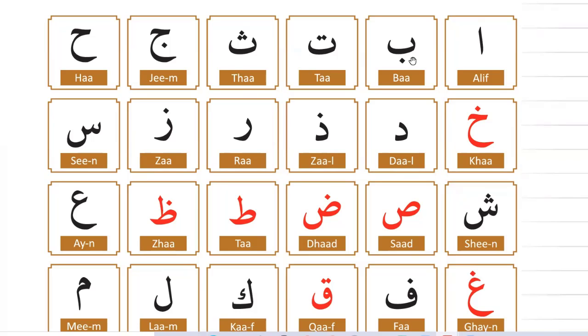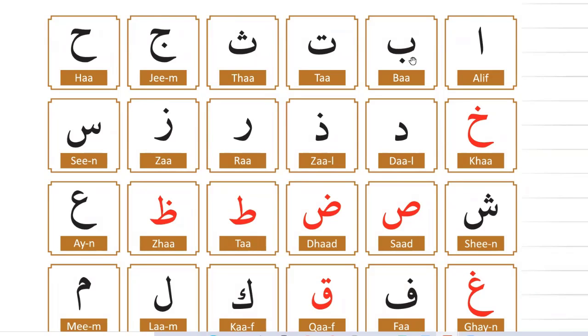When you press your lips, your wet area will come together, and we pronounce the letter Ba. That is how you identify and pronounce this letter: you say Ba, Ba, right?